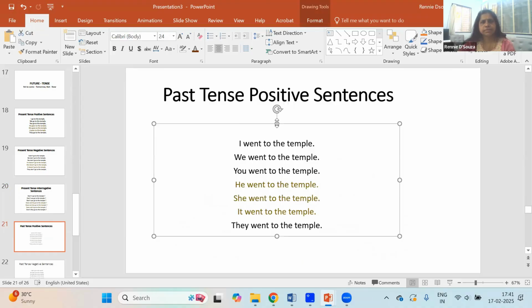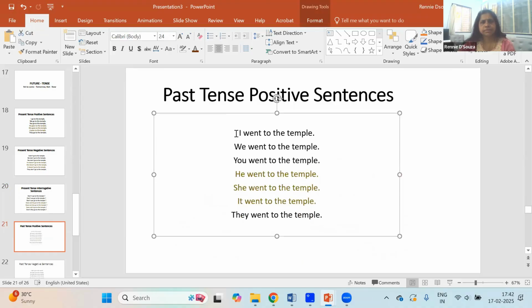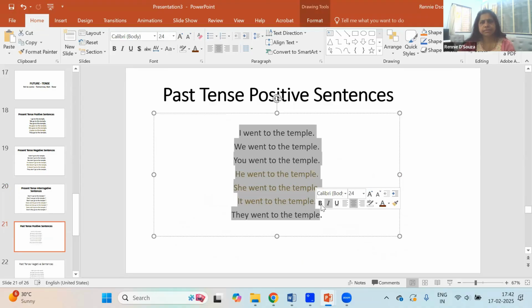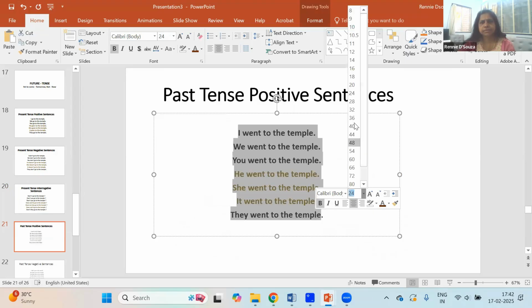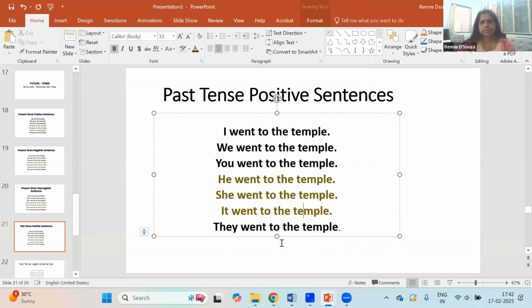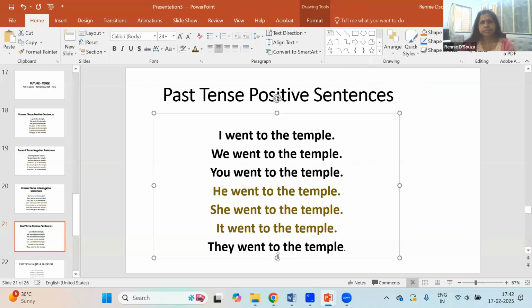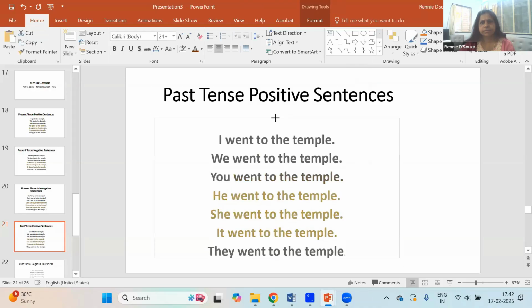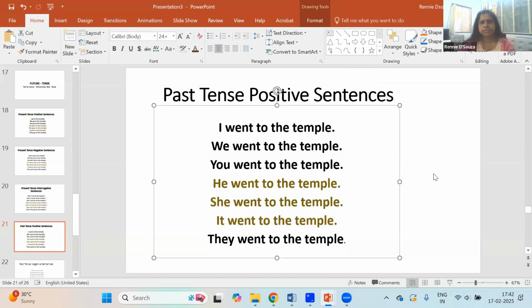Alright. Here in the past tense positive sentence we have seen the verb completely changes. In the present tense it was go, here we can see it has become went. So I went to the temple, we went to the temple, you went to the temple, she went to the temple, he went to the temple, they went to the temple.